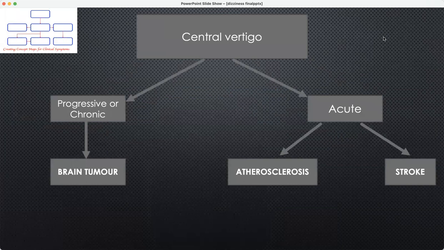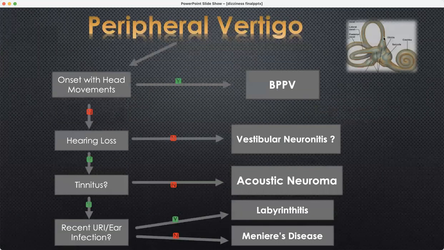If the patient presents with any of the CNS symptoms, such as dysarthria, diplopia, abnormal gait, weakness, incoordination, or central nervous system signs like cranial nerve abnormalities, ataxia, positive Romberg, abnormal nystagmus, we consider this central vertigo. If the patient has no CNS signs nor symptoms, the symptoms are more likely to be peripheral vertigo.